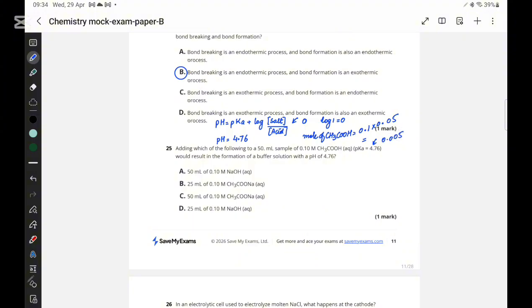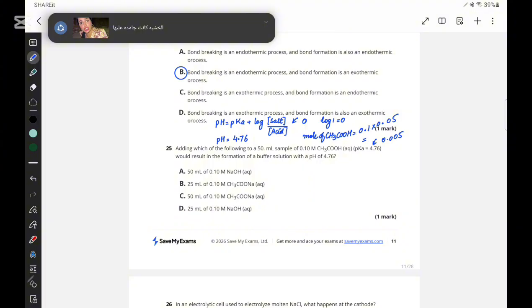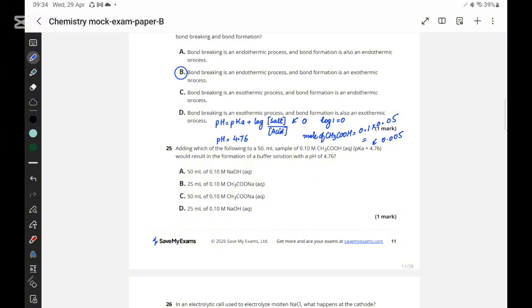And now one thing here, we need to halve the moles of CH3COOH in order to find the moles of NaOH.